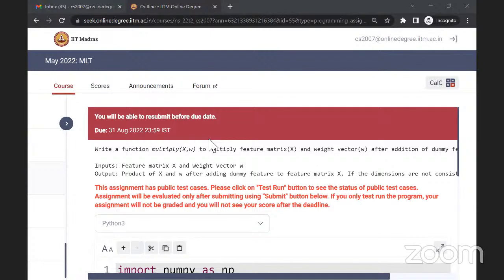Okay, correct. The answer is also there. Okay, let's try Mehak's answer.